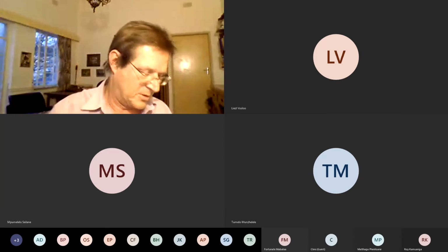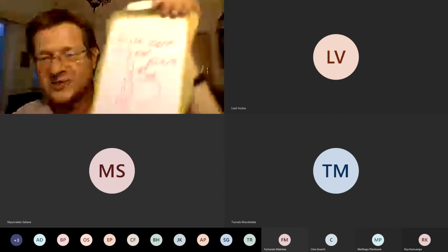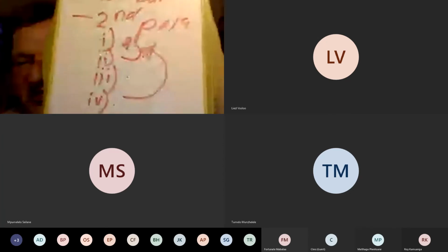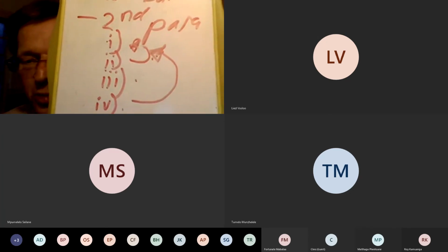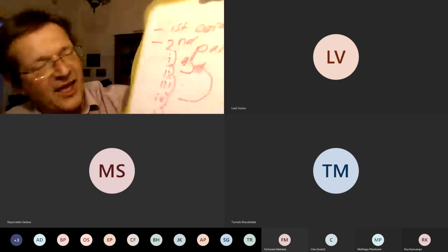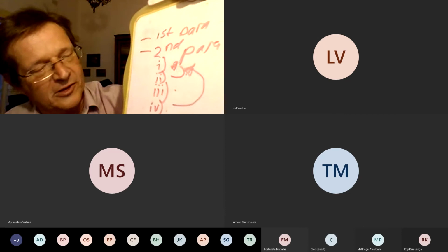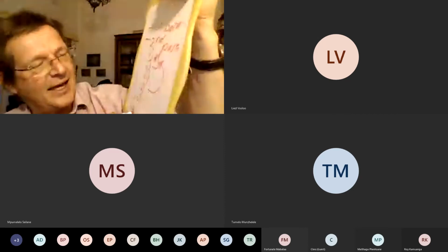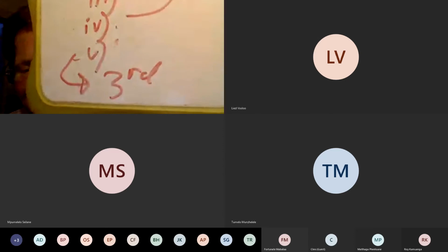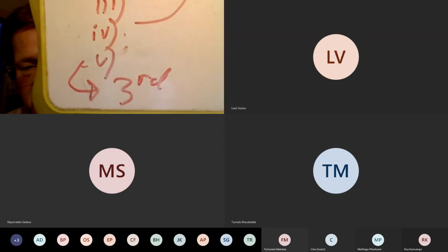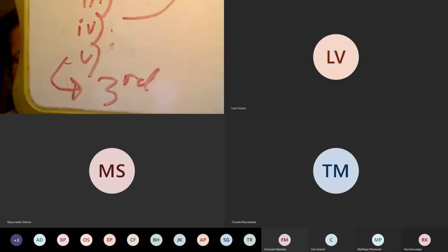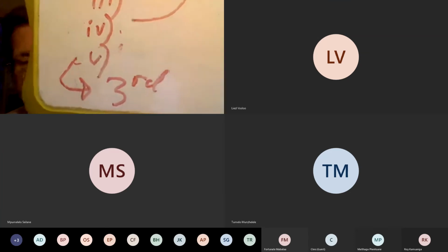So if we've got paragraph 2, sentence 1, 2, 3, 4, and then you may have a sentence 5 that is like a bridge, a liaison, a transition to that which is going to follow in your third paragraph.